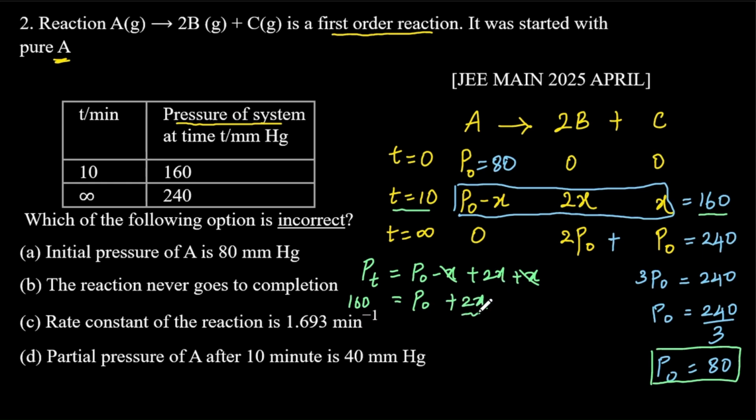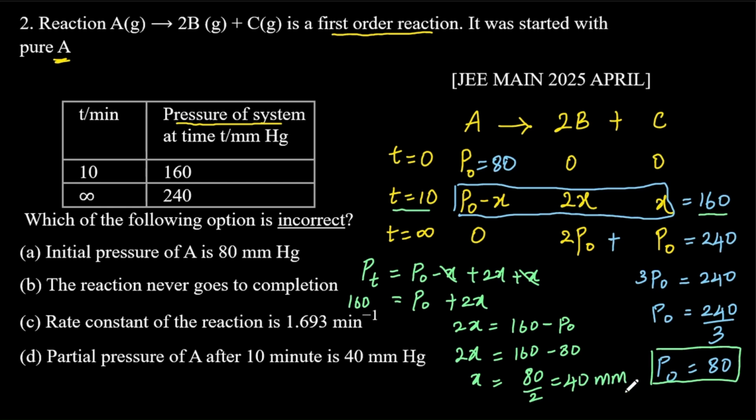So we can find the value of x. Rearrange this equation. 2x is equal to 160 minus P naught. We already found the value of P naught as 80. So 2x is equal to 160 minus 80. x is equal to 80 divided by 2. So the value of x is 40 mm Hg.